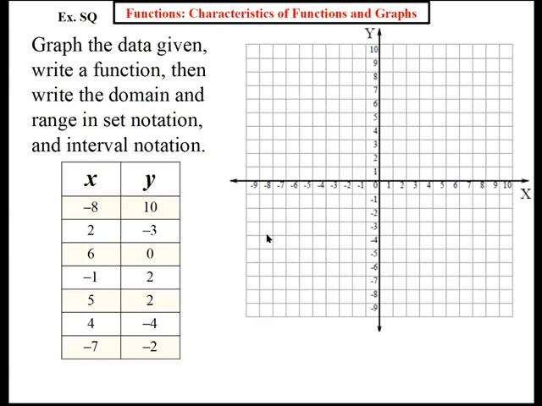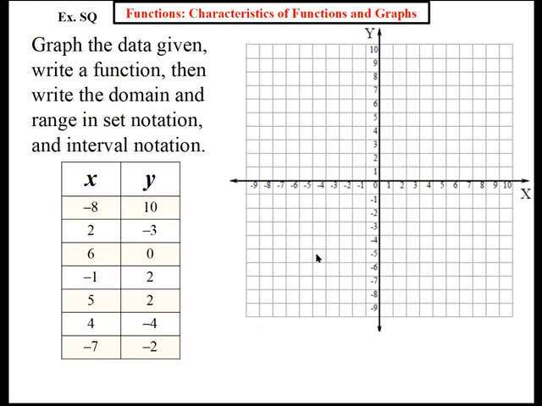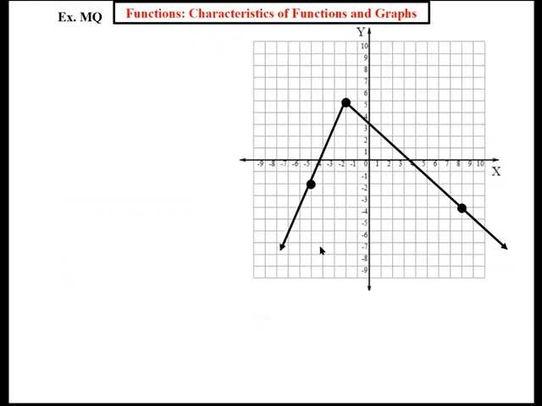Let's move on to funner ones. Not that one. Copy this one. Example, Michael Jordan Q. For reference points, I'm going to give you -5, -2.